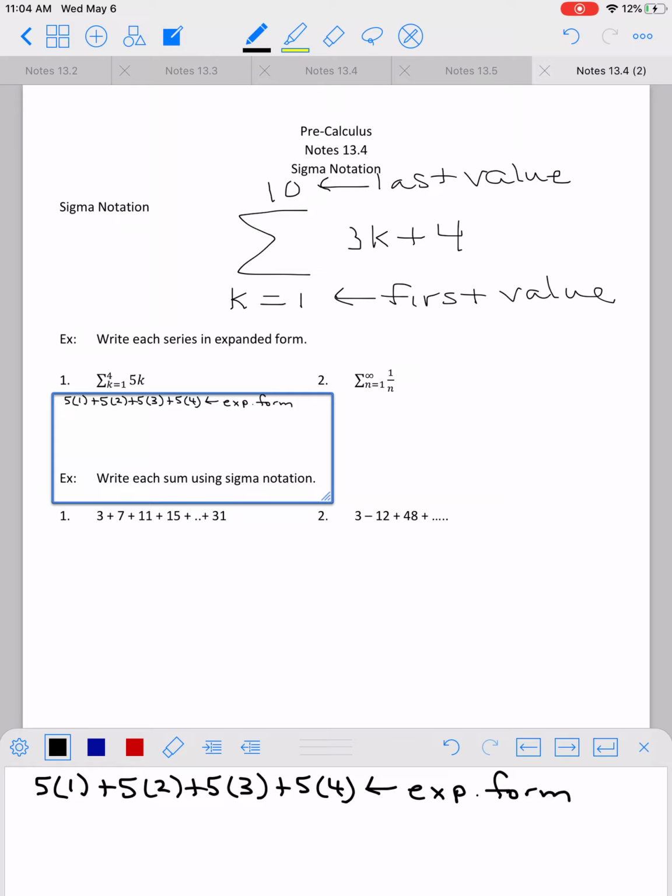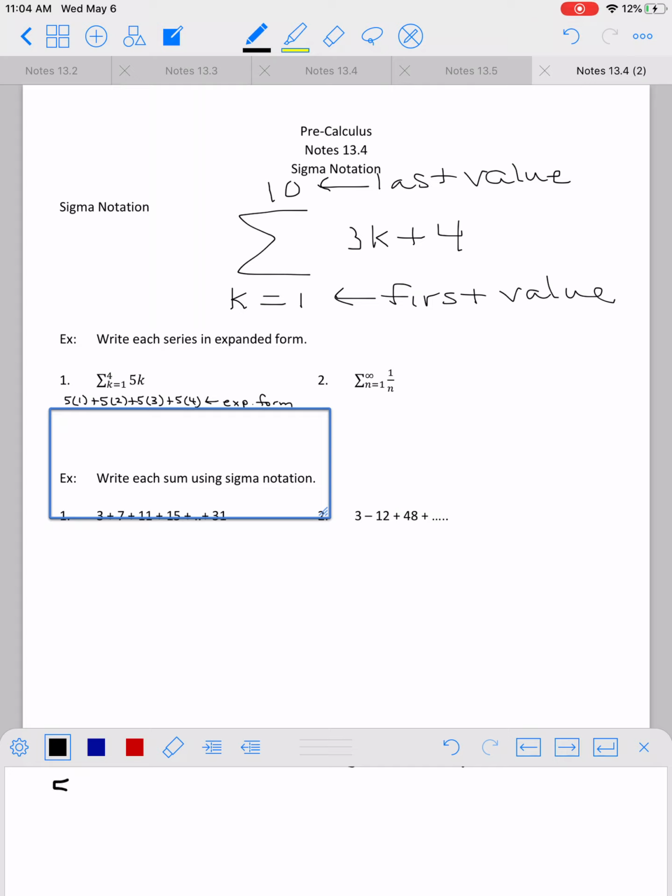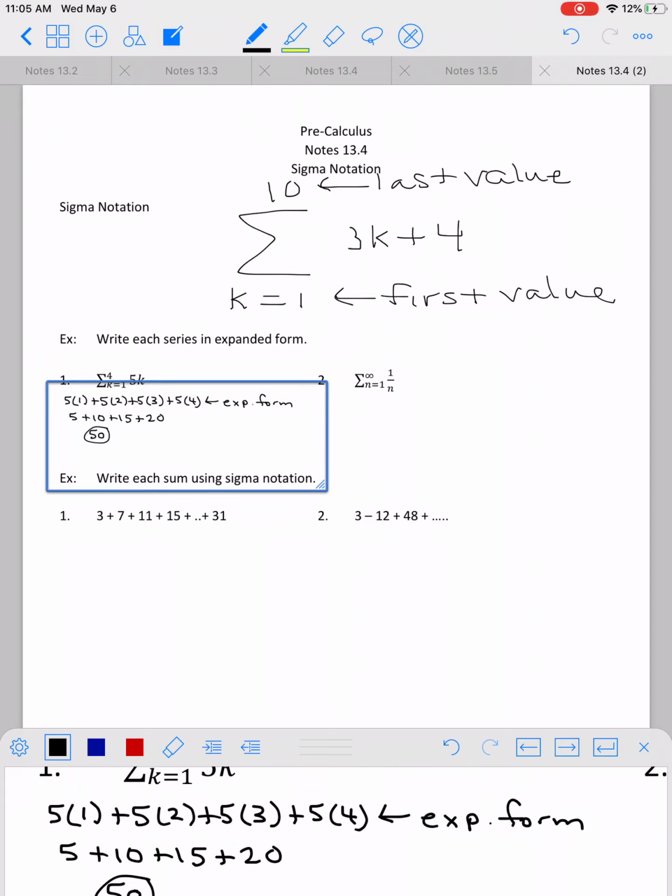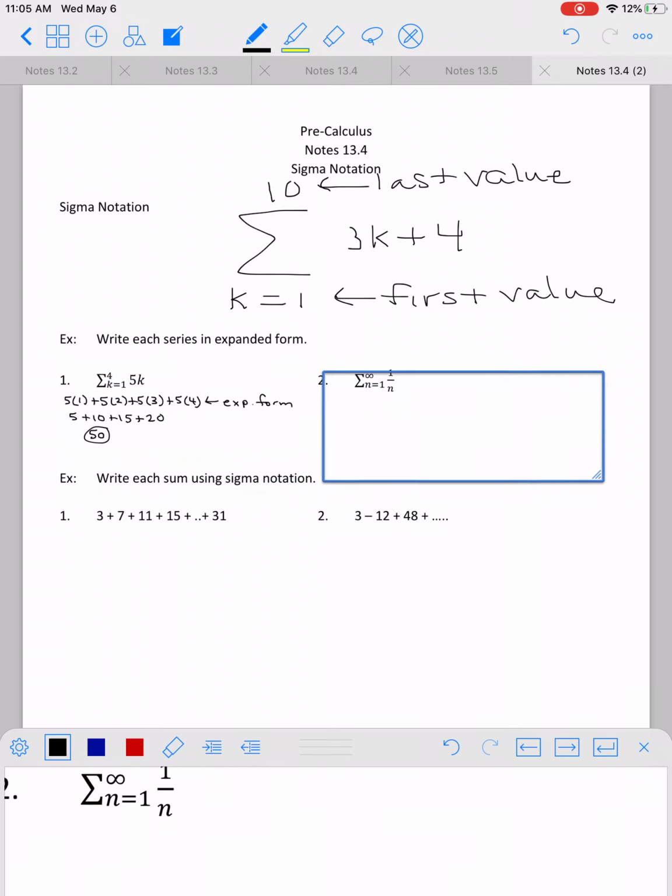And then if we just simplify that, 5 plus 10 plus 15 plus 20, we add it all together, and our sum would be 50. So this is, again, the expanded form, plugging it in and then showing the simplification.